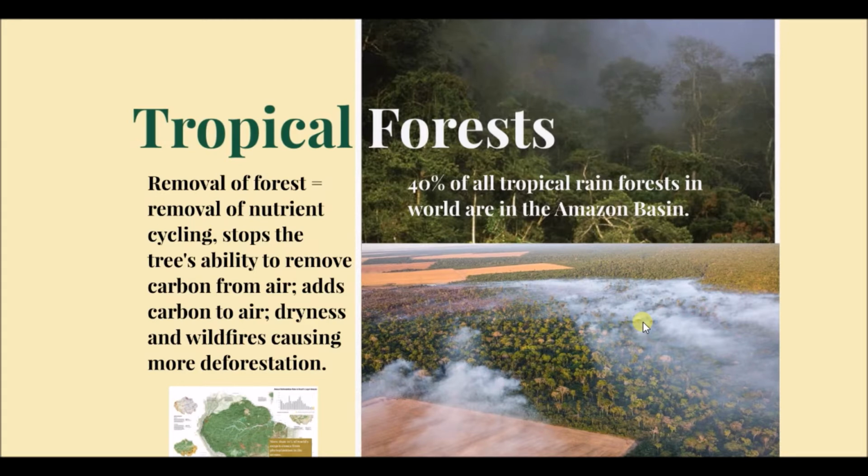We're very quickly adding large amounts of carbon dioxide into the air from that process. Removing trees also dries the land out, so the ground isn't holding as much moisture as it would before, which leads to more deforestation because drier conditions support fewer trees, and it also can increase wildfires as well.